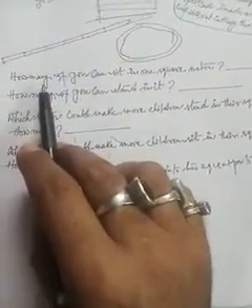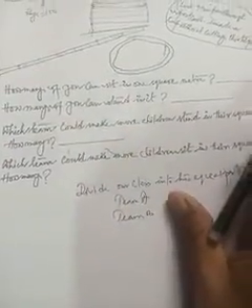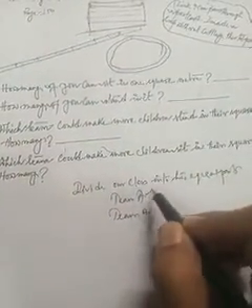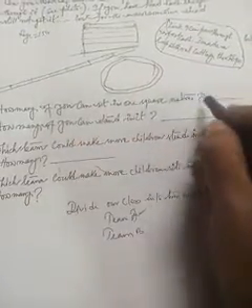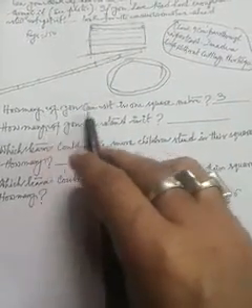So first, how many of you can sit in 1 square meter? Suppose from team A, 3 students can sit in 1 square meter.